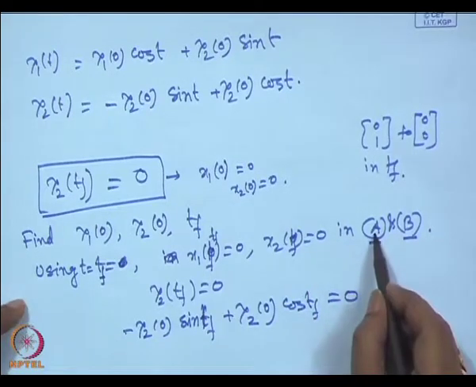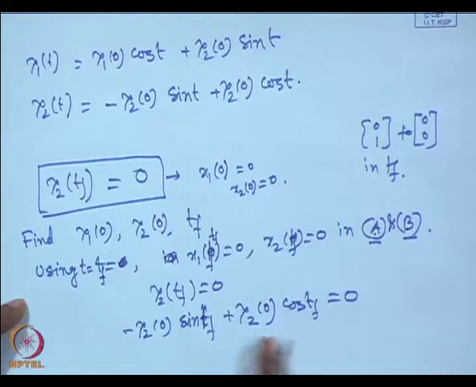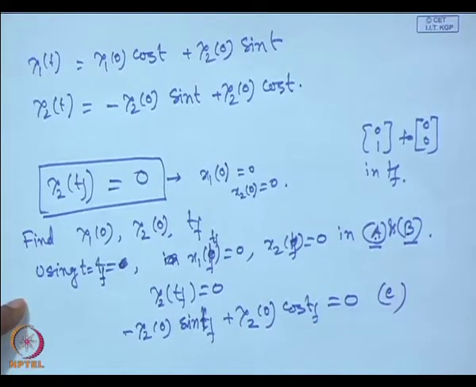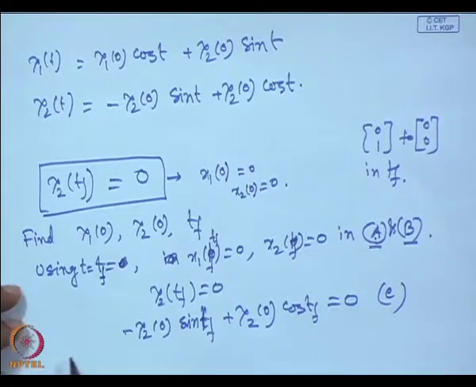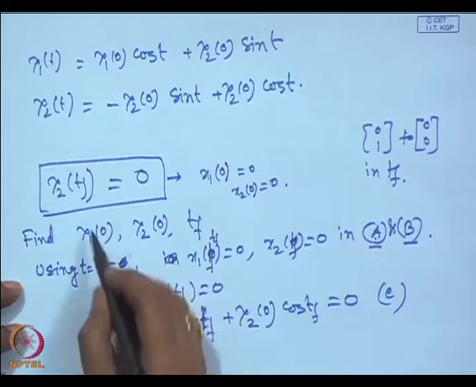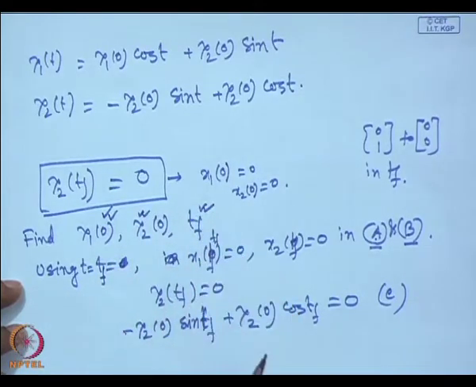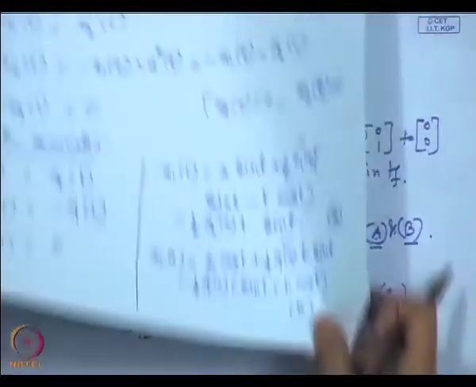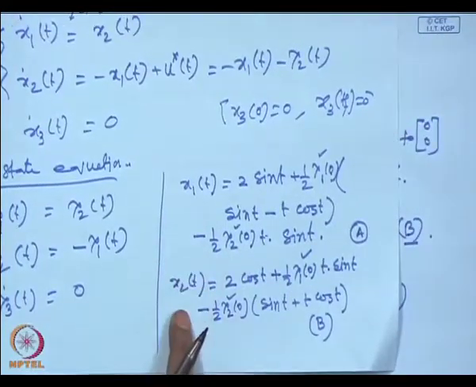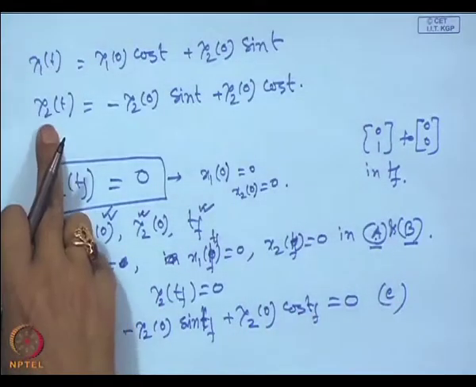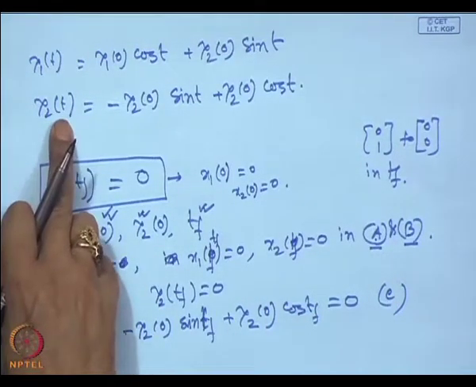So, from equations A and B, I am getting 2 equations, and this is another equation; let us call this the 3rd equation. Solving these 3 equations, we will get the values of lambda 1 0, lambda 2 0 and T f. Then easily we can find the solution of x 1, x 2, and also lambda 1 t, lambda 2 t.